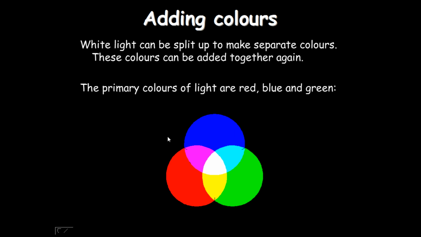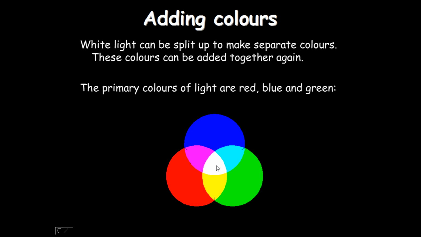This is the blue one, this is the green one, this is the red one. When they intersect with each other, as blue and red get mixed with each other, it makes purple. If all these 3 colors get mixed with each other, it forms white color.